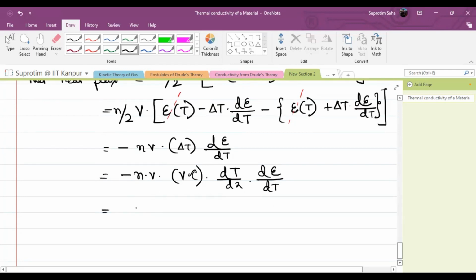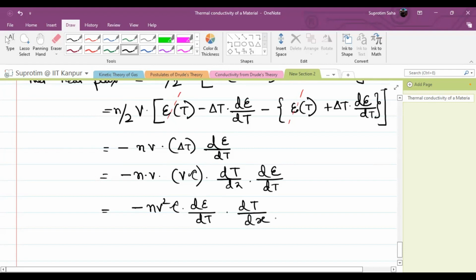So this is minus n v squared tau times dT/dx times d epsilon/dT. I have to write this first, so you'll see why I'm trying to write it first: d epsilon/dT times dT/dx.